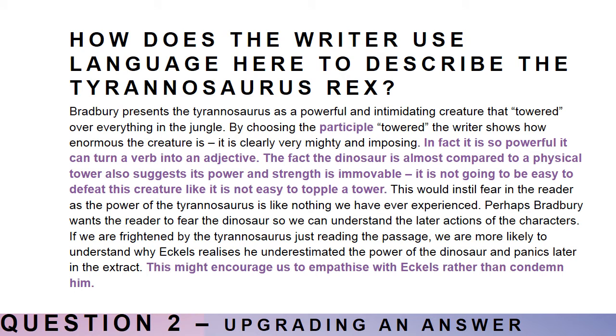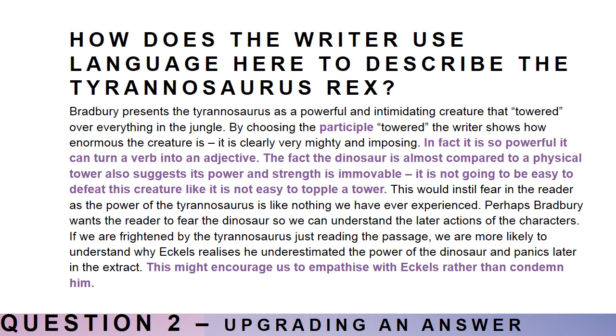I then went on to talk again about the effect on the reader, and then at the end I've added a little bit to my why. So remember, the why started, perhaps Bradbury wants the reader to fear the dinosaur so we can understand the later actions of the characters. If we are frightened by the Tyrannosaurus just reading the passage, we're more likely to understand why Eccles realises he underestimated the power of the dinosaur and panics later in the extract.